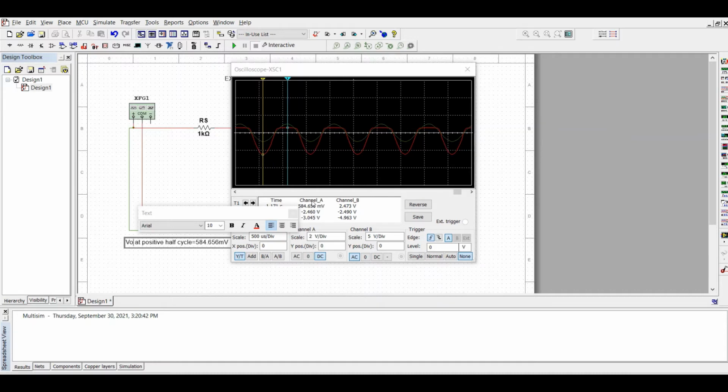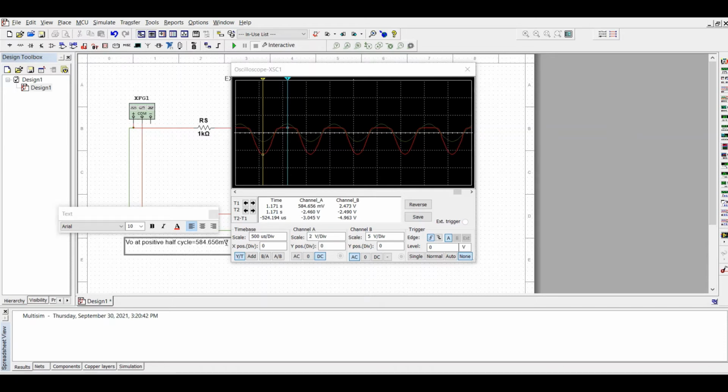Channel A is the output. So at negative half cycle it is measured by T2. So your cursor 2 is nothing but T2. Indicating across T2, it is minus 2.460, minus 2.46. So the output voltage at the negative half cycle is minus 2.460.